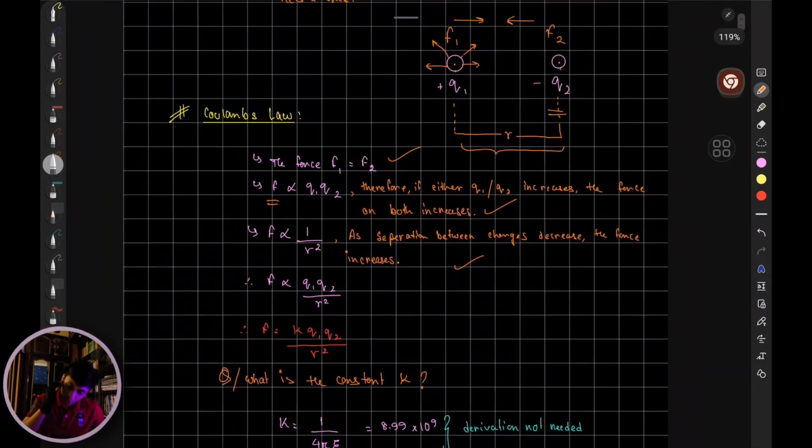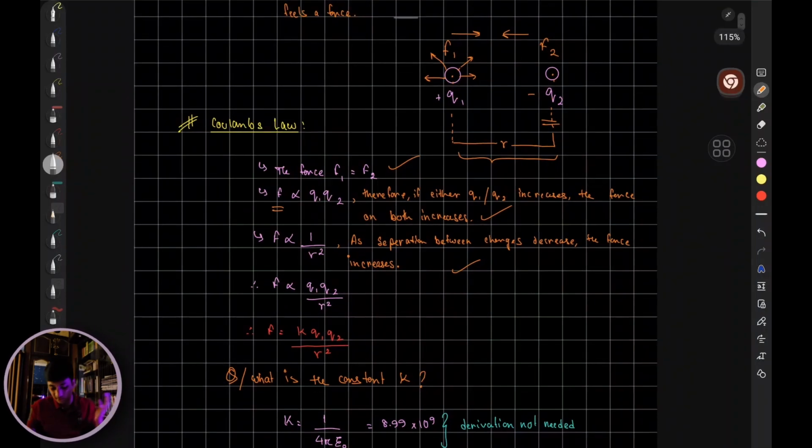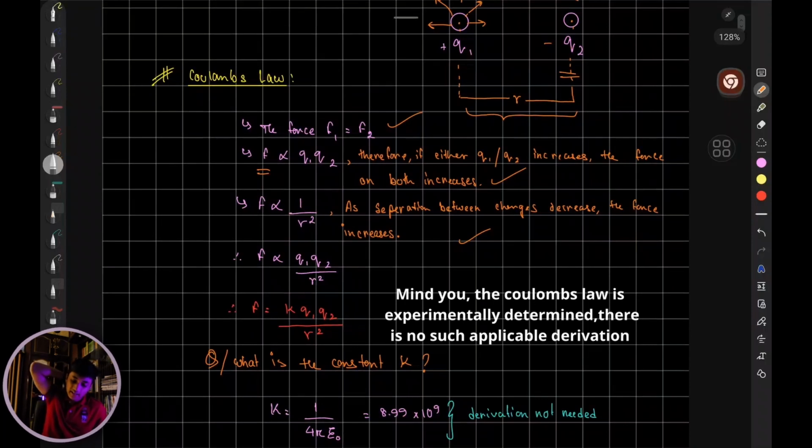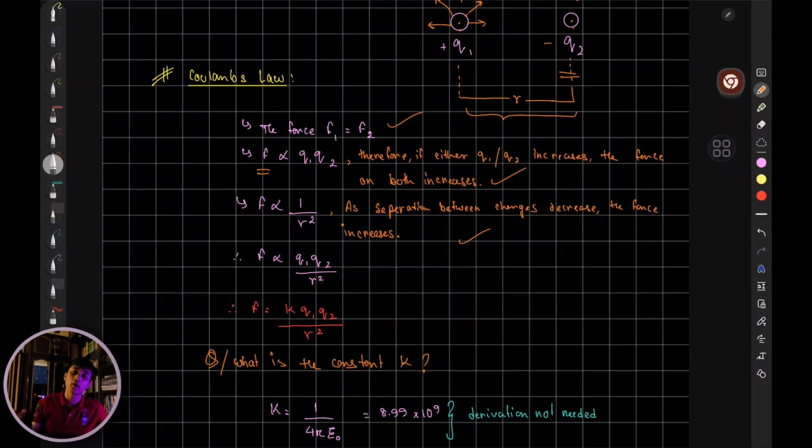I'm just stating the parts of Coulomb's law, and I'll explain why all of these are happening later on again if needed. The first part is F1 equals F2, the second part is force is proportional to the product of both the charges, and force is inversely proportional to the square of separation. If you combine all of that, F is inversely proportional to R squared and directly proportional to the product of both the charges, and you get this proportionality.